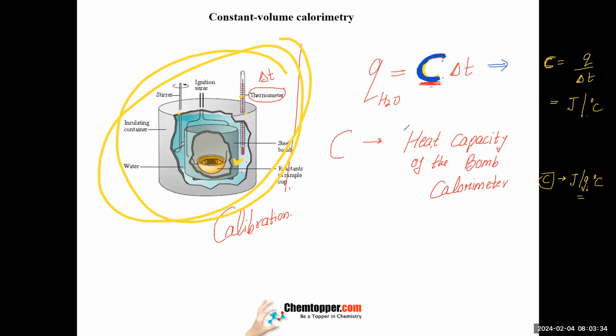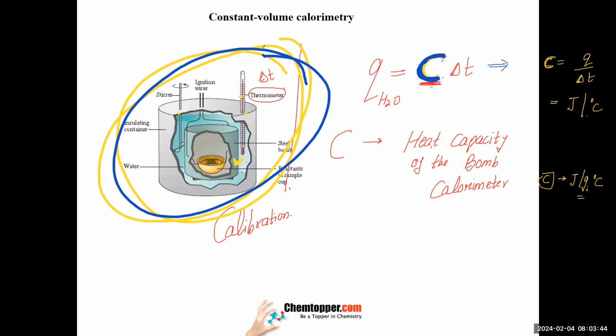Heat capacity is how much amount of heat is needed to raise the temperature of this bomb calorimeter. Mass is not involved. See the definition: the amount of heat needed to raise the temperature of this bomb calorimeter through 1 degree Celsius. It doesn't matter how much amount is there.